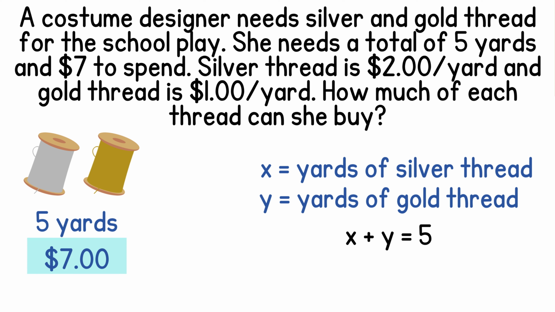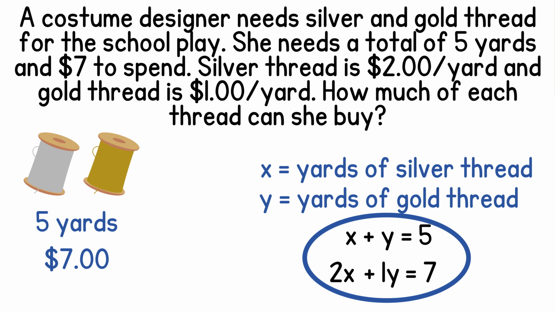The next equation we make will talk about the amount of money she has to spend. We know silver thread is $2 a yard, so we can represent this as 2x. And we know that gold thread is $1 a yard, so we'll represent this as 1y. Since she has exactly $7 to spend, we'll set this equal to 7.